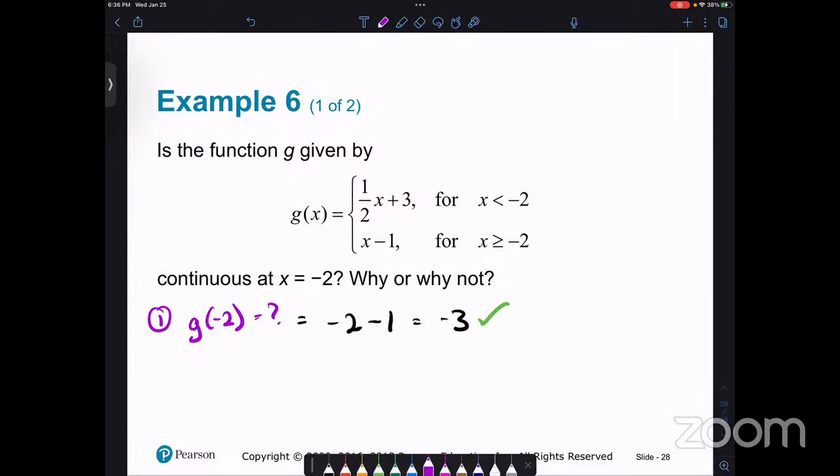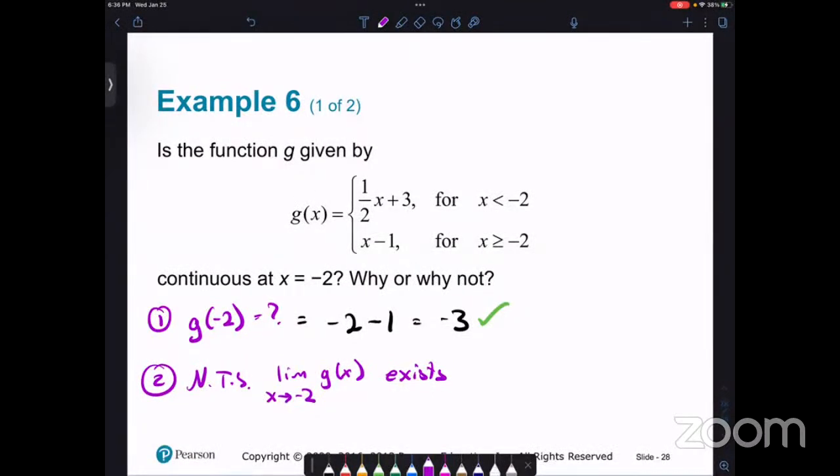From last class, to show that the limit exists, we show that the left-hand limit is equal to the right-hand limit.